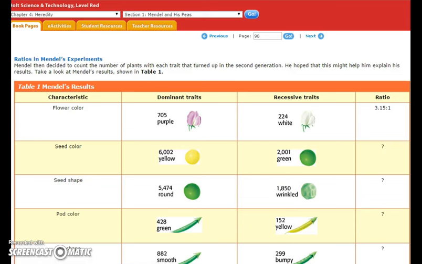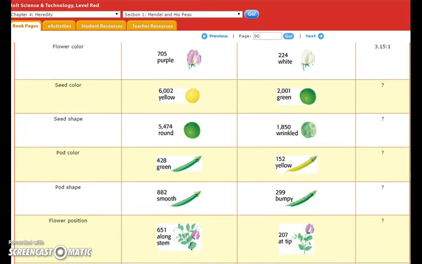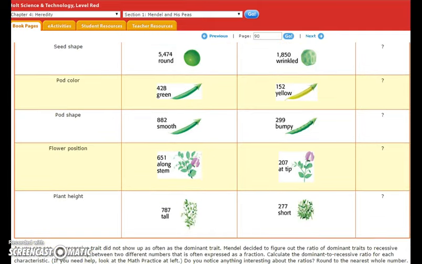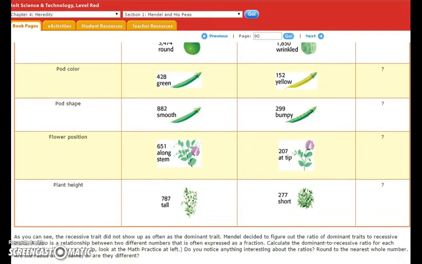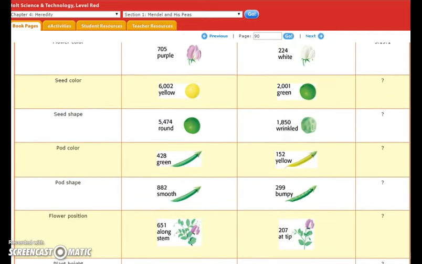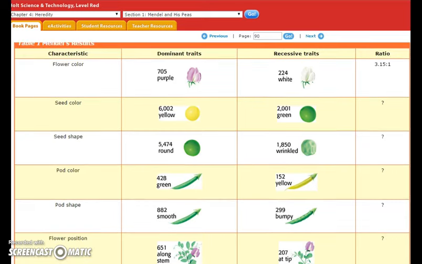Mendel carried out these experiments for many different traits that he found in the peas, and he made this table. Purple to white, seed color, yellow to green, seed shape, pod color, pod shape, flower position, and height. And he got these numbers. So, with a calculator, we can find the ratio.